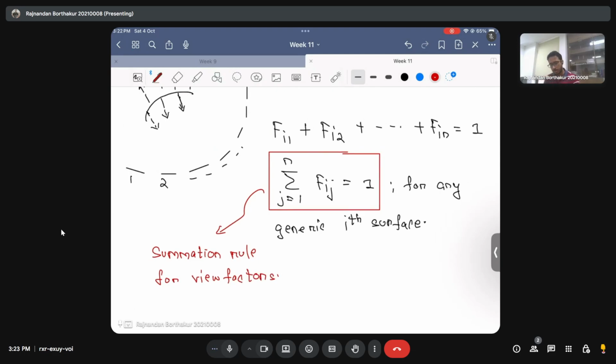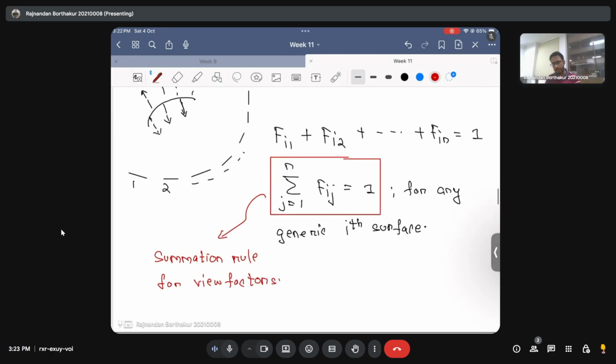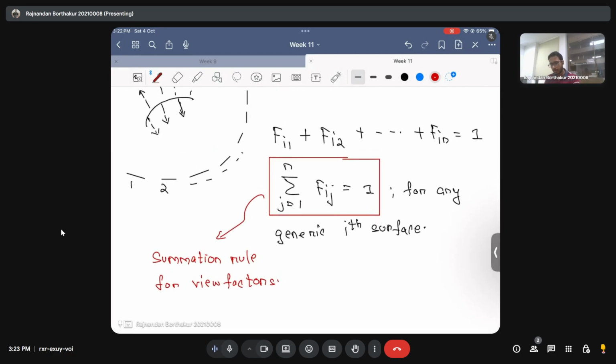So now you have at least two important relations that we saw. One, the view factor reciprocity relation, which is Fij times Ai equals Fji times Aj, and the view factor summation rule, which says that for any generic ith surface, the sum of all the view factors goes to unity.